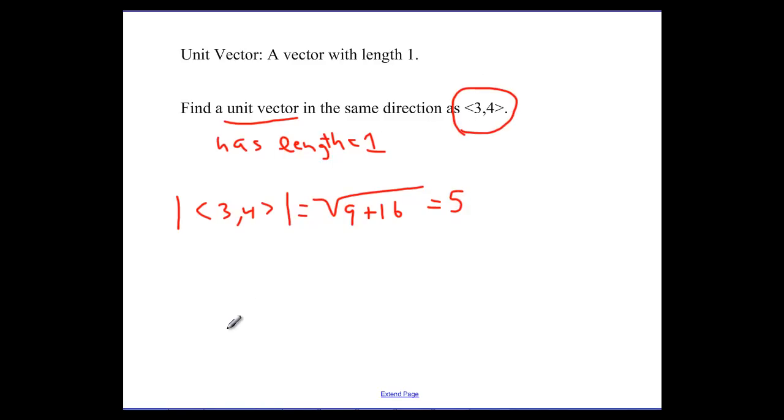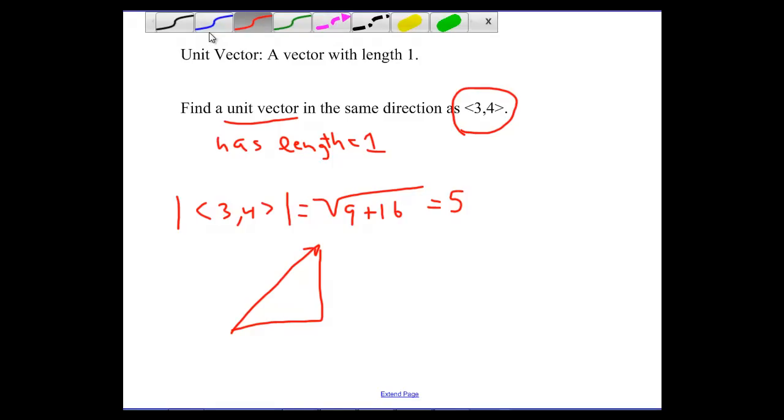But if I want to be in the same direction as 3, 4, but with a length of 1, so in other words, a fifth of this length, what could I do? Well, I can take my vector and just divide it by its length.